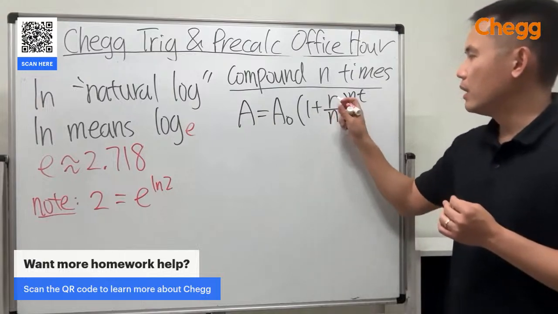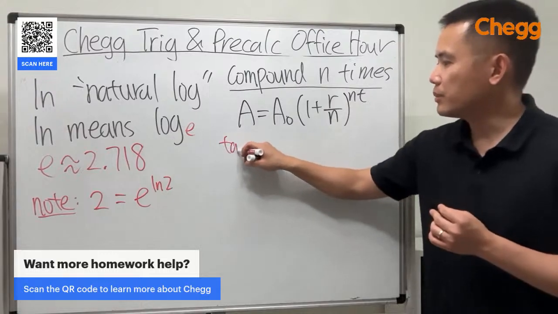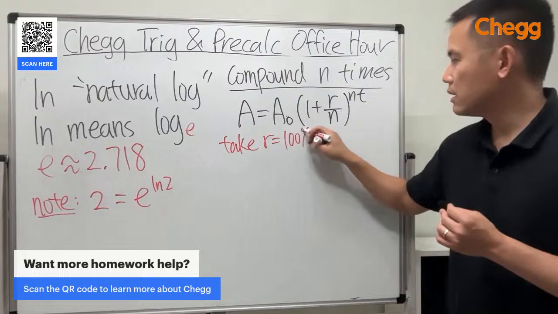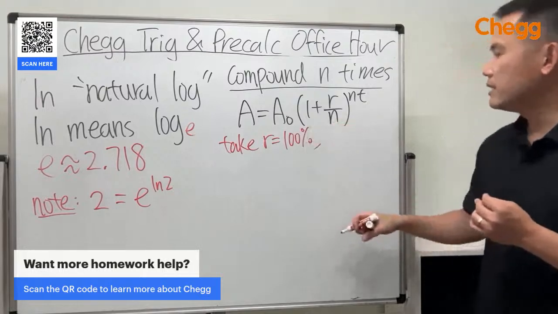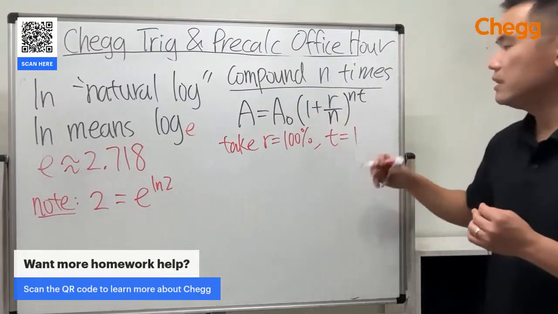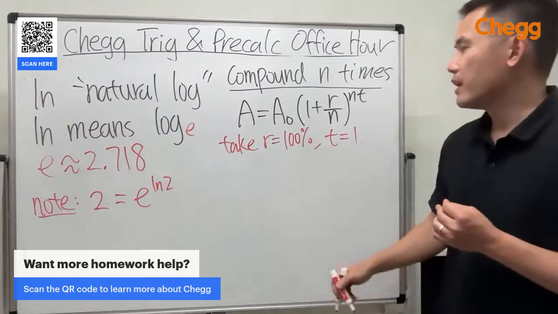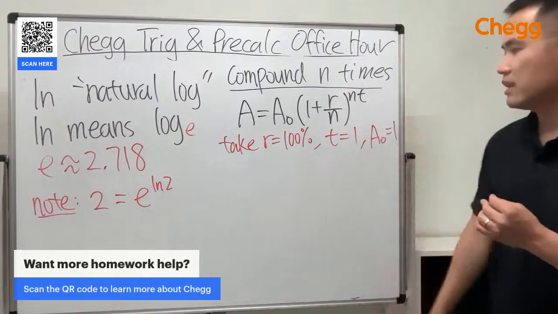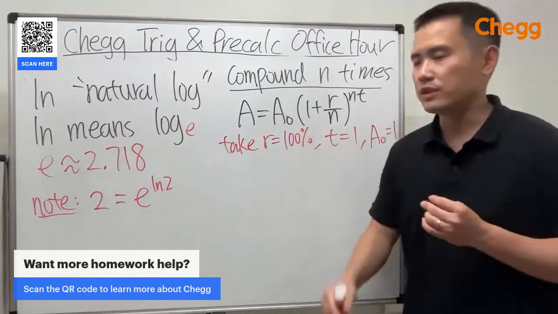But if you take r to be 100%, right? And then just say t is equal to 1, like 1 year. And you can also take the initial amount to be 1, just like you can imagine you have $1 or something.